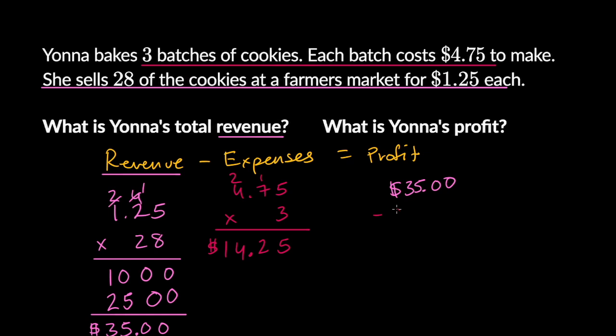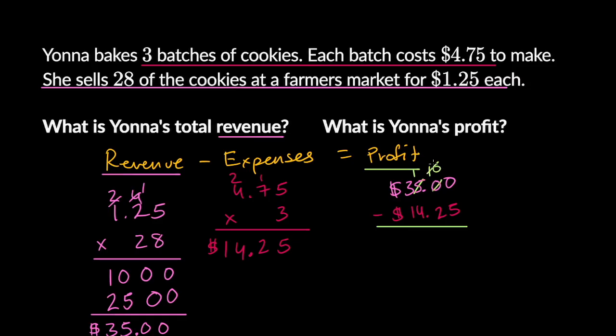And so our profit is going to be $35 of revenue minus the $14.25 of expense will give us our profit. And so let's see, we could do a little bit of regrouping here. If I take $1 from here, that's equal to 10 tenths.